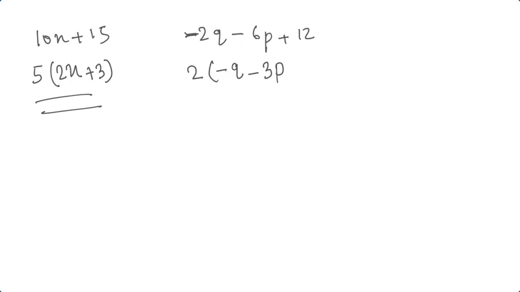So plus times minus gives minus, and it will give 2 times minus 3p is equal to minus 6p, and here plus 6. Yeah, this is also factorizing the expression.